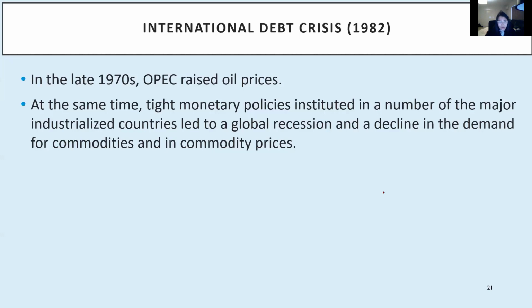Okay, so if you think about the less developed countries, a lot of them earn income from selling commodities. Okay, like natural resources, wheat, so on and so forth. So as the richer countries demanded less of these commodities, the less developed countries started to have lower income, right?